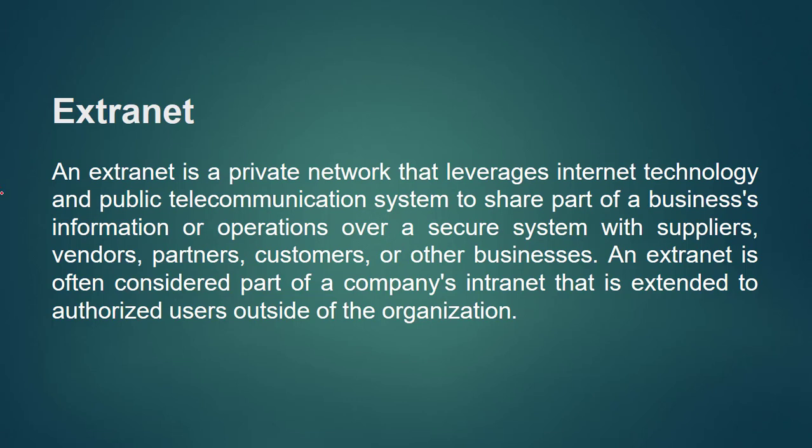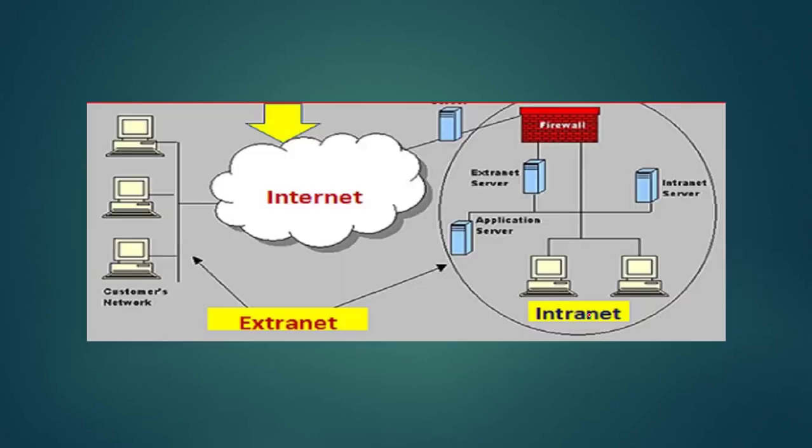Now, an extranet is a private network that leverages internet technology and the public telecommunication system to share part of a business's information or operations over a secure system with suppliers, vendors, partners, customers or other businesses. Fine? An extranet is often considered part of a company's intranet that is extended to authorized users outside of the organization.